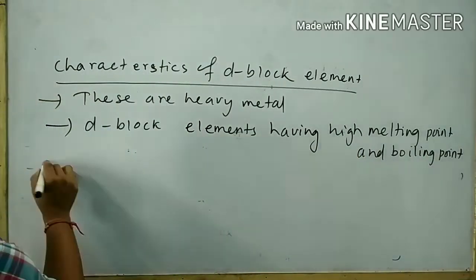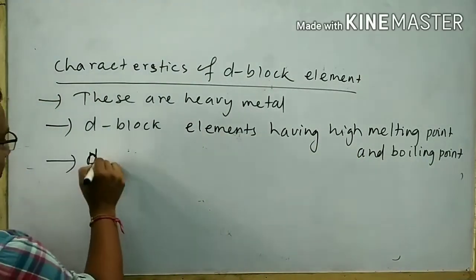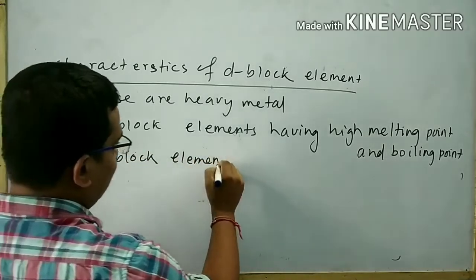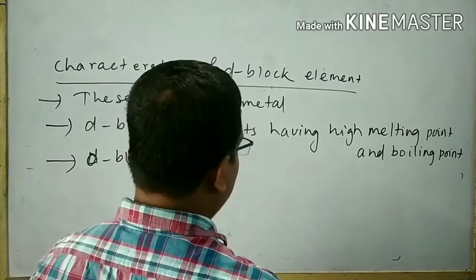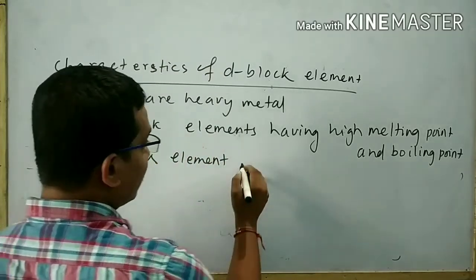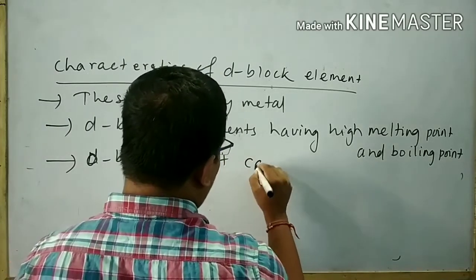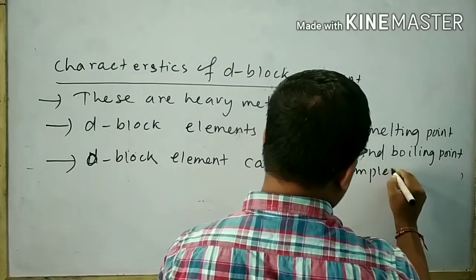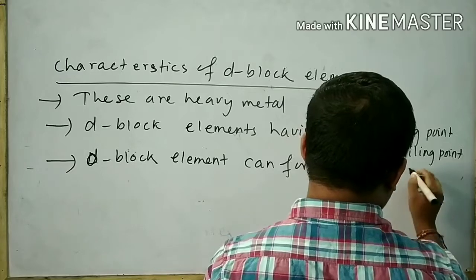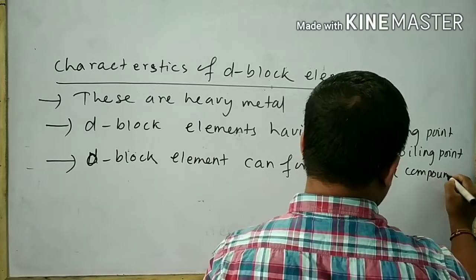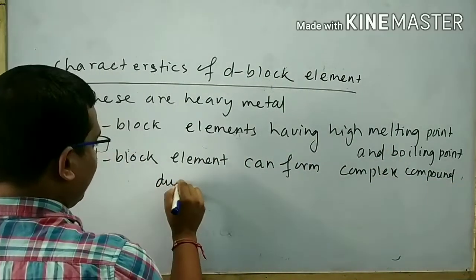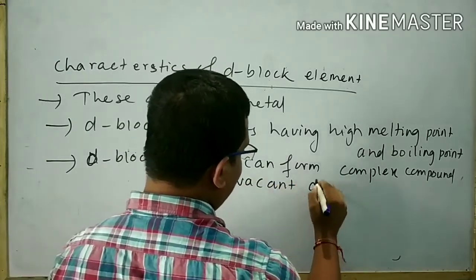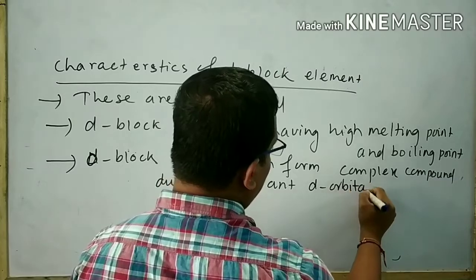D block elements can form complex compounds due to vacant d orbitals.